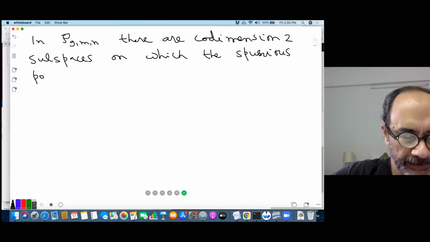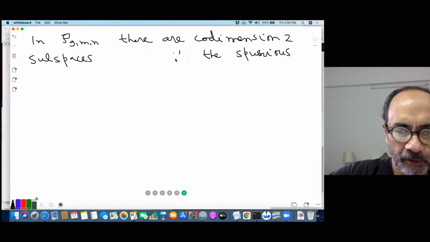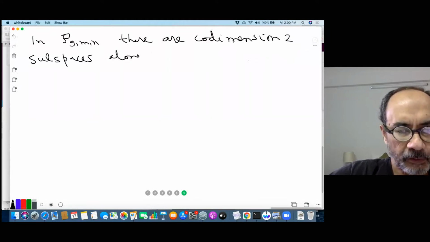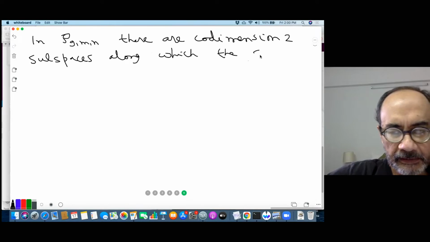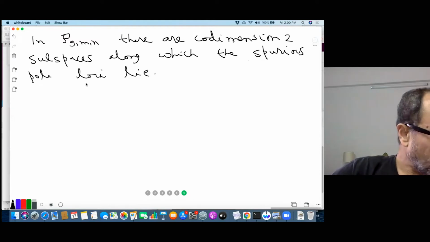Well, maybe I should write it the other way. Not that somewhere in the subspace there is a spurious pole. The spurious pole locus basically lies along codimension 2 subspaces. So why codimension 2?